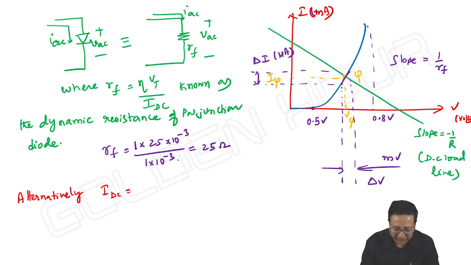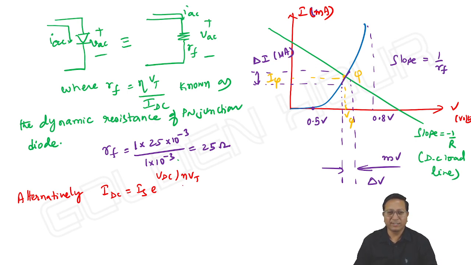We know IDC is equal to IS into e power VDC by eta Vt. This is the curve equation, or I is equal to, you can write it either way, it doesn't matter.